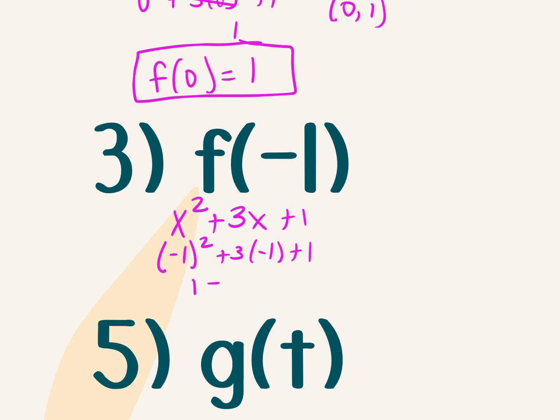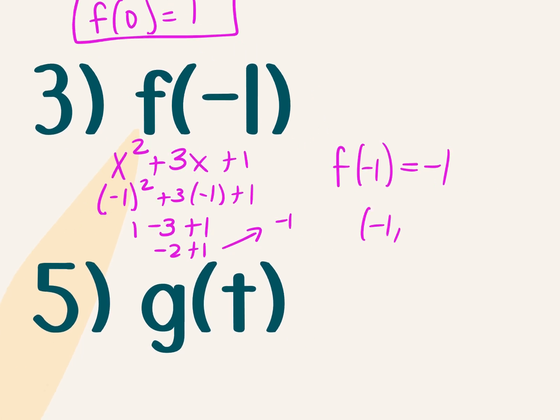Positive 1 minus 3 plus 1. What's 1 minus 3? -2 plus 1 is -1. So f of -1 is -1. When I plug in -1 to the equation, what do I get out? -1. So your ordered pair, if you were going to write one, was -1, -1. Just so you guys understand where that's coming from.